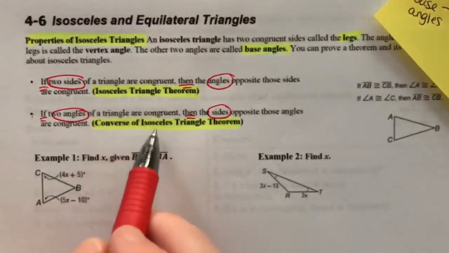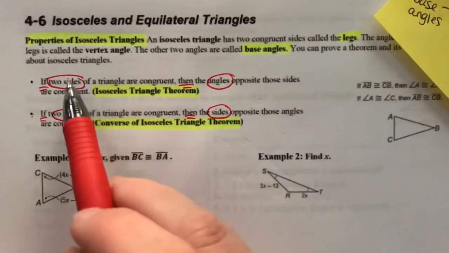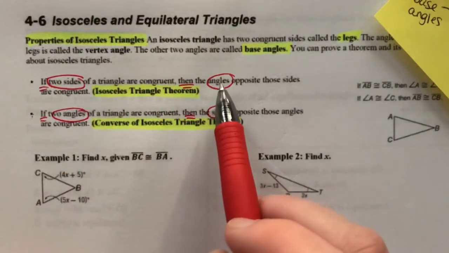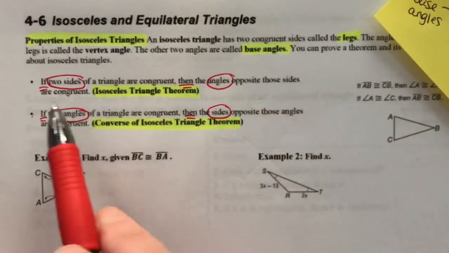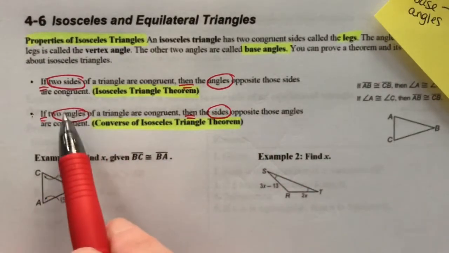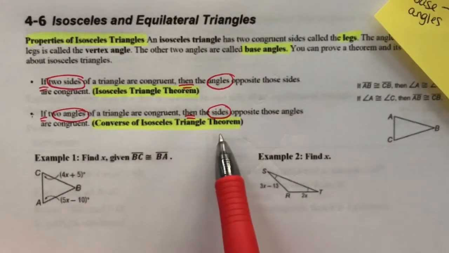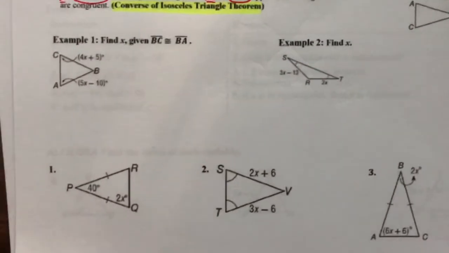To know which rule we're talking about, if we're using a proof or answering a question, just look at the order of the wording. If we know the sides are congruent, and then we have to figure out about the angles, that's the isosceles triangle theorem. If they first tell us the angles are congruent, and then we have to figure out that the sides are congruent, that's the converse. It just flip-flops the order. So let's do a few math problems with that.